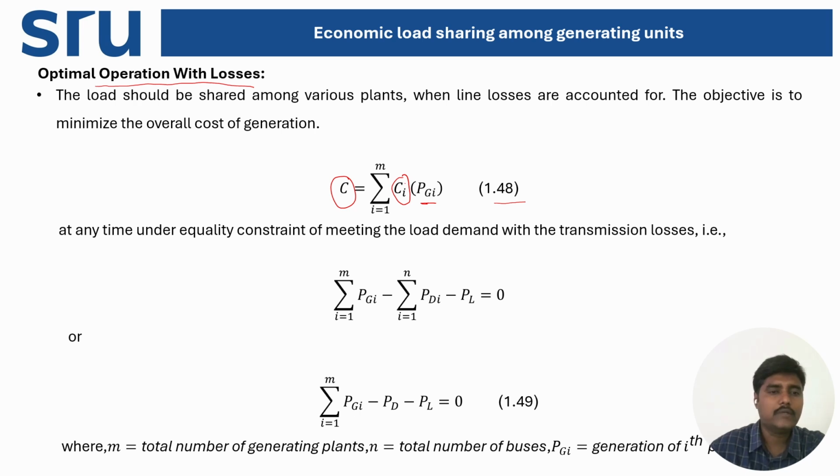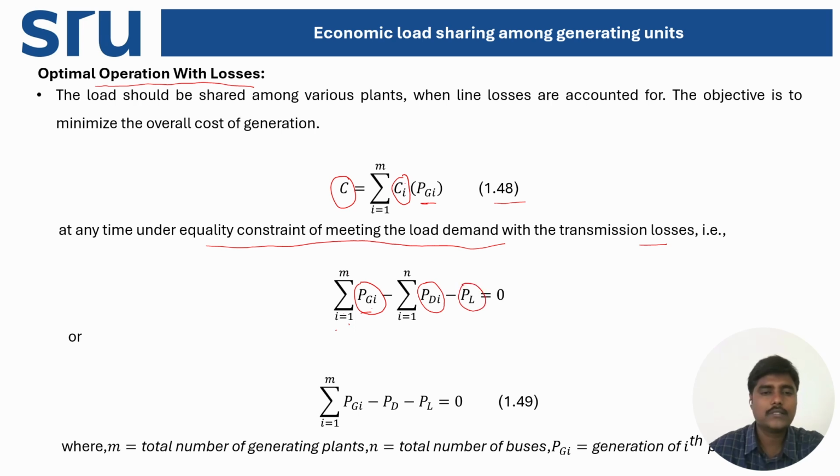At any time, under the equality constraint of meeting the load demand with transmission losses, you can express the equation as summation i equal to 1 to m of PGi minus summation i equal to 1 to n of PDi minus PL is equal to 0. Here PGi is the power generation output of the ith unit, PDi is the power demand at the ith bus, and PL is the power transmission losses.